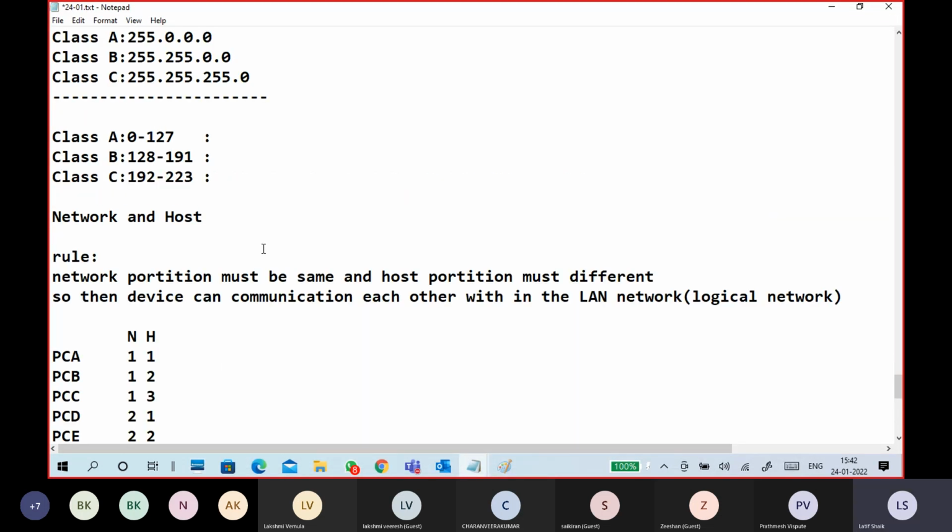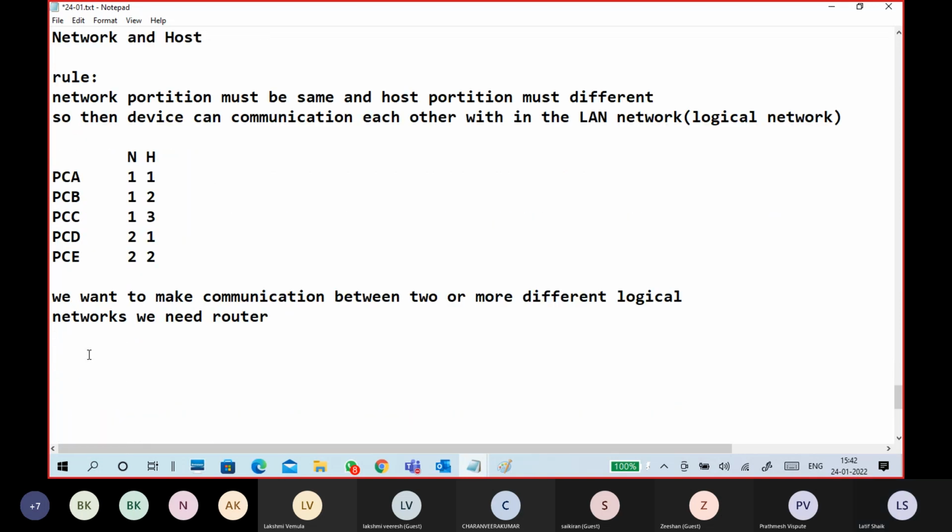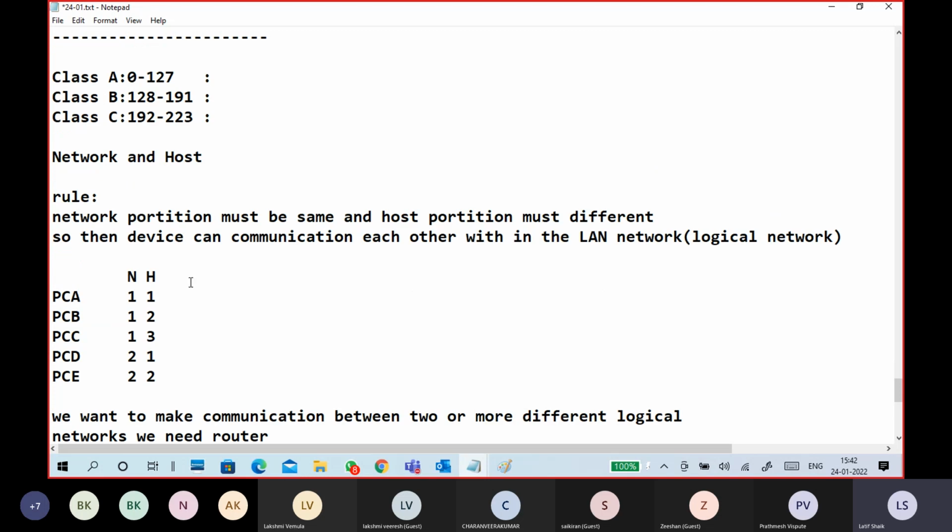So how do our IP addresses look? Based on that, we have to write it down. Look here. Class A: the first octet is the network portion, and the remaining is the host portion only. Class B: the first two are the network portion, and the remaining two are the host portion.